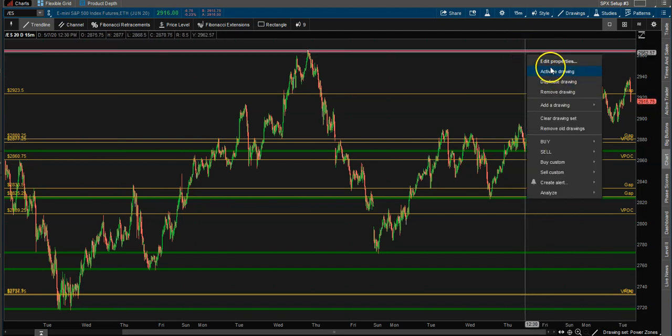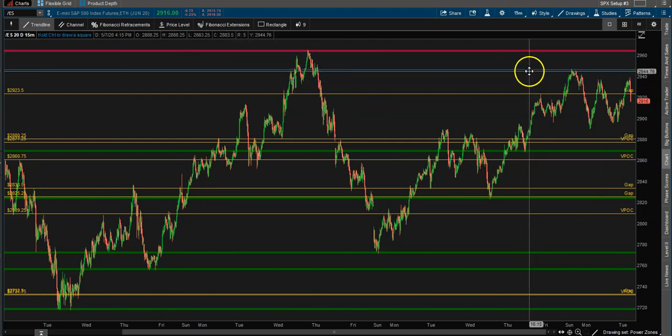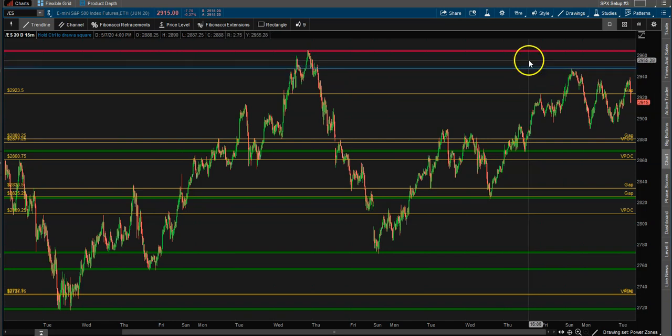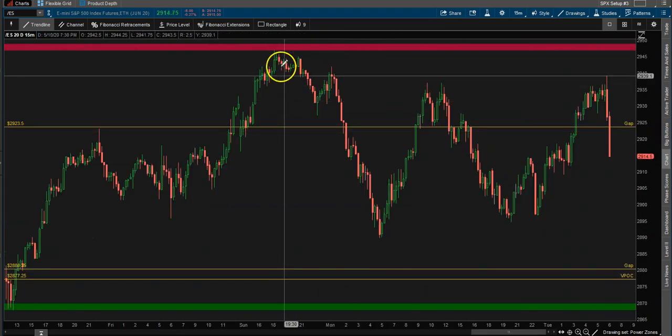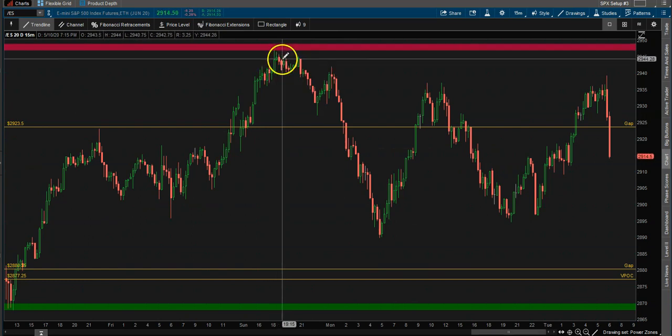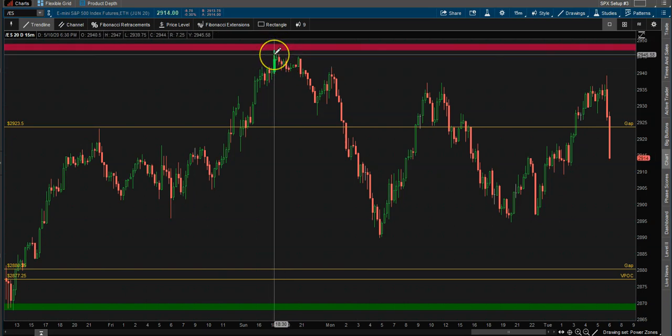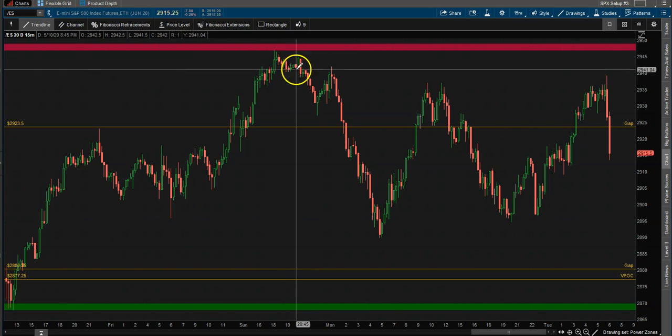Maybe let's just say there was a zone, we'll duplicate this, and let's say there was a zone right up at this level. We might go something like this, where we get to the front of the zone and price reverses. That's all you're looking for, a place where price could potentially reverse and go higher or go lower.